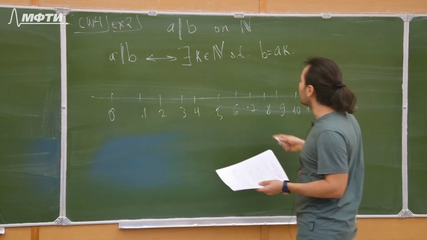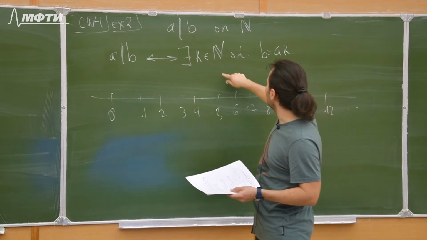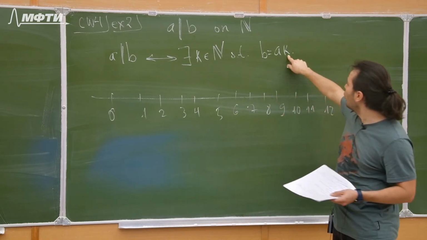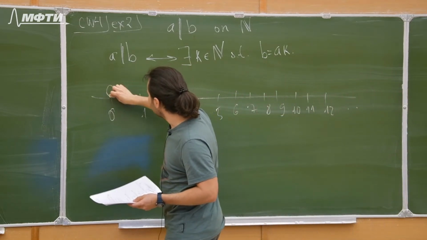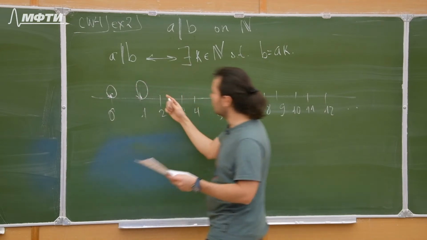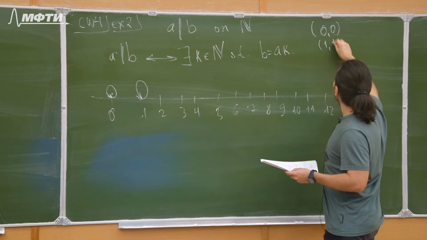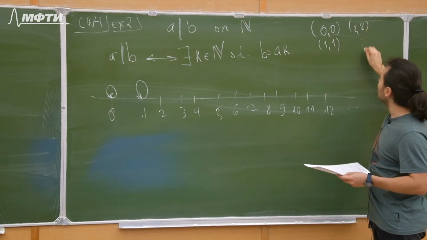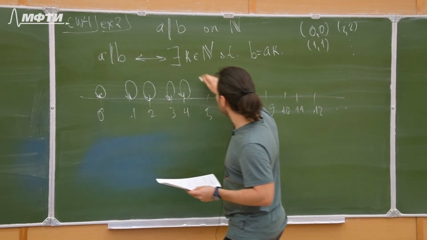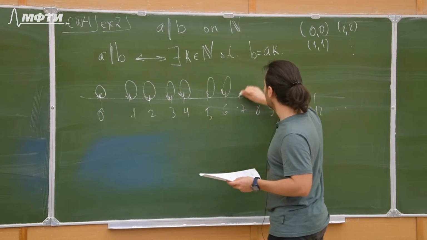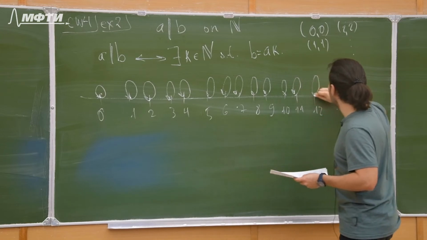First of all, for K equal to 1, we obtain that A and B are equal, so we always have this: the pairs 0 and 0, 1 and 1, 2 and 2, and so on.